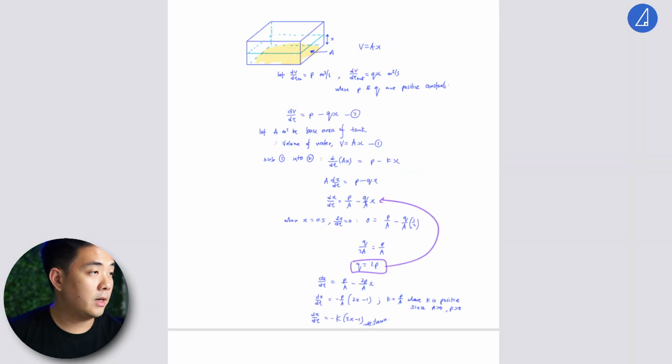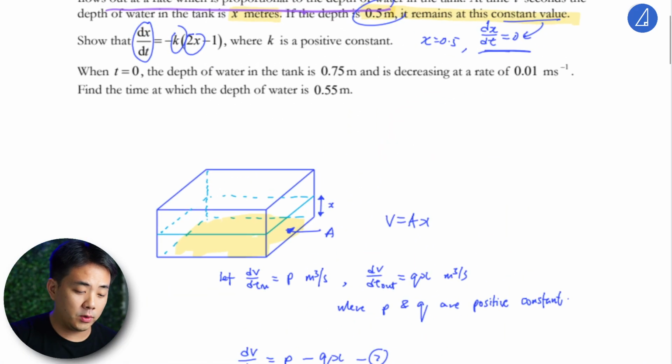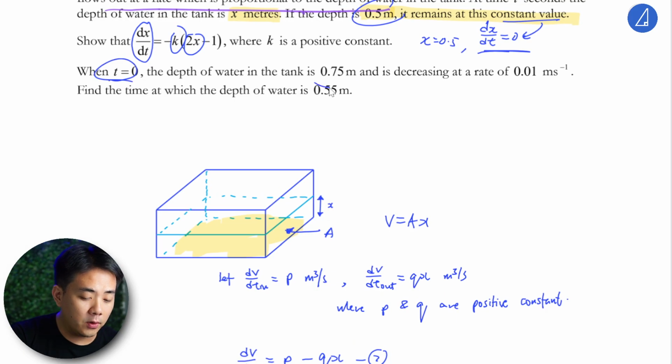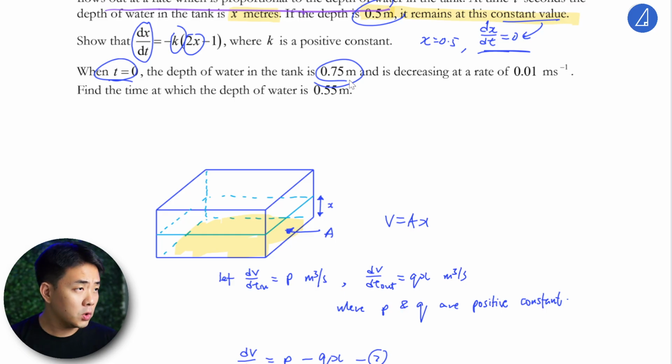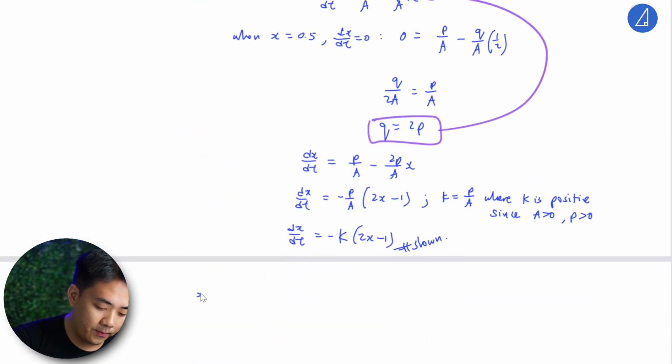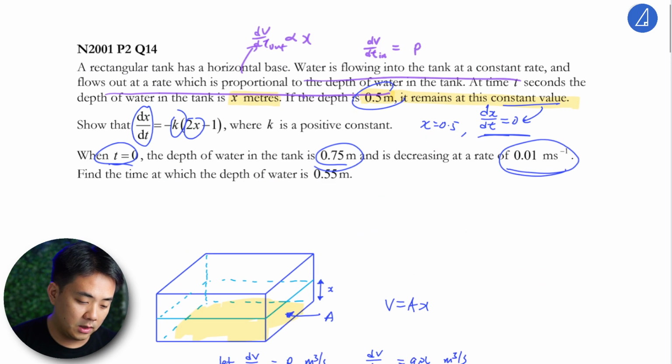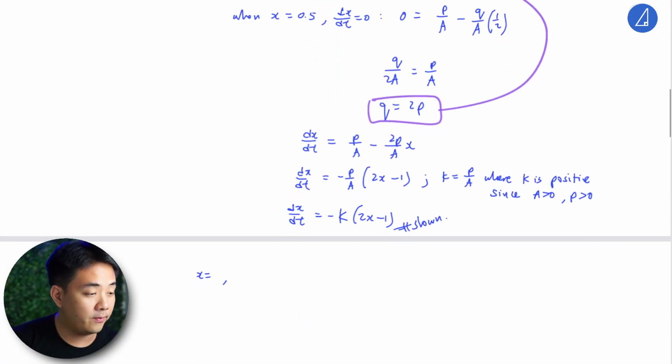Shown. Got it. So then we are told to solve, because when t is 0, x equals 0.75. So this case here is just asking you to solve for x. Oh, and also it's decreasing at this rate. So I'm going to write: when t is 0, x is 0.75.